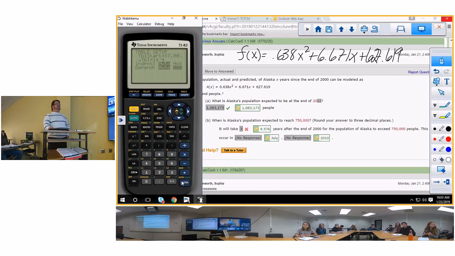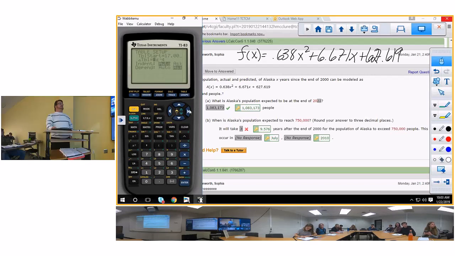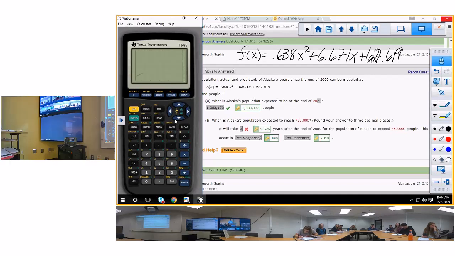I've never got this to work right, but I'm going to try to do it now. Second table set, change this to 1 again. Delete, graph, table.